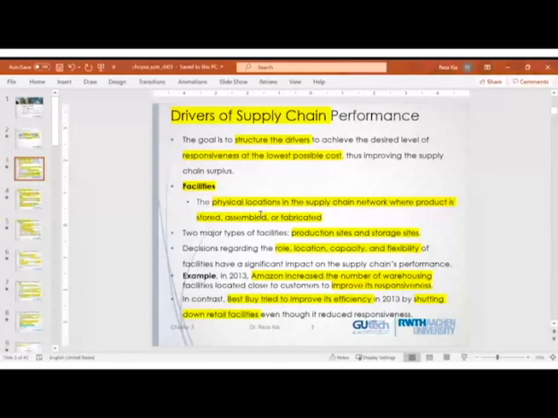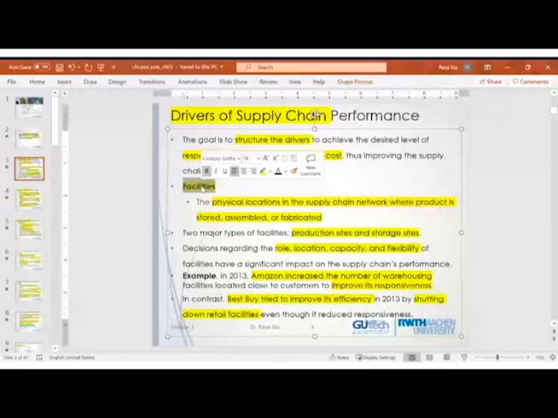So let's start with the first driver, which is facility. I think you have been familiar with the concept of facility in the logistics management course. The main definition of facility is physical buildings, physical locations in your supply chain.